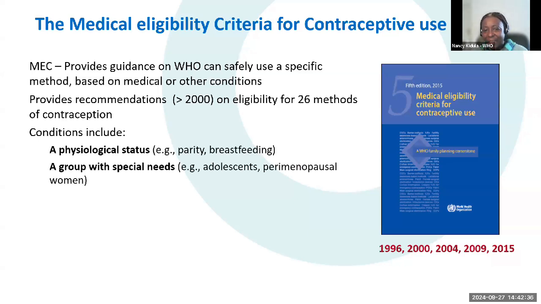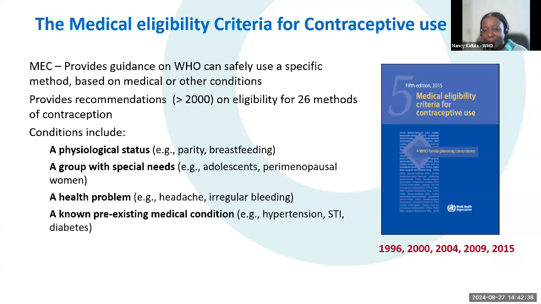So these are the kind of conditions that you will find the MEC addressing: a physiological status, either parity or breastfeeding. Those are physiological status, and you want to know, if I am nulliparous, which method is safe for me. There are groups with special needs like adolescents, perimenopausal.